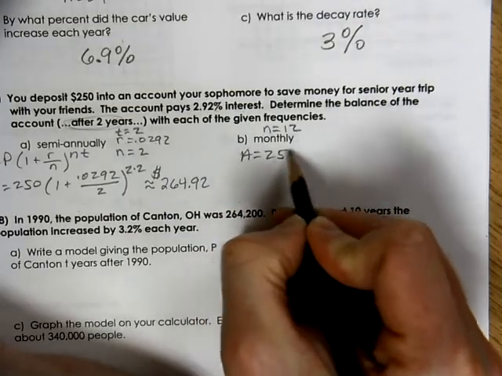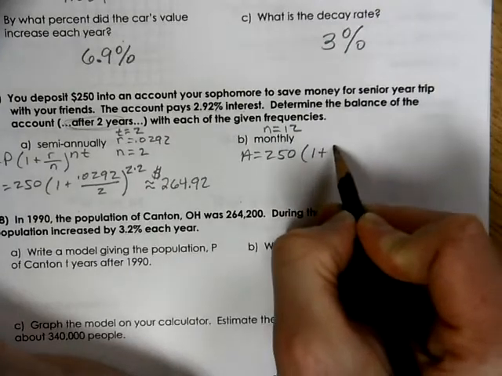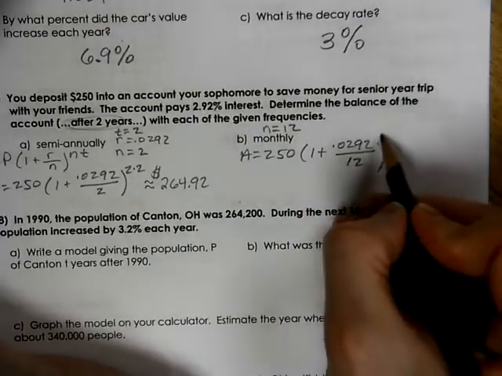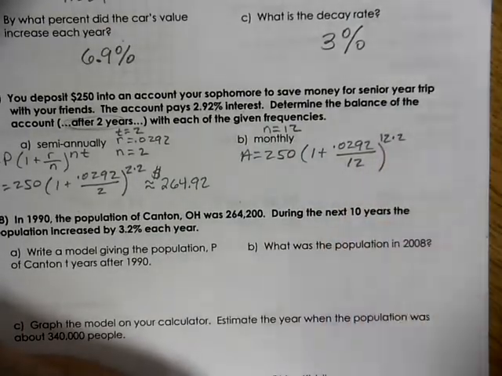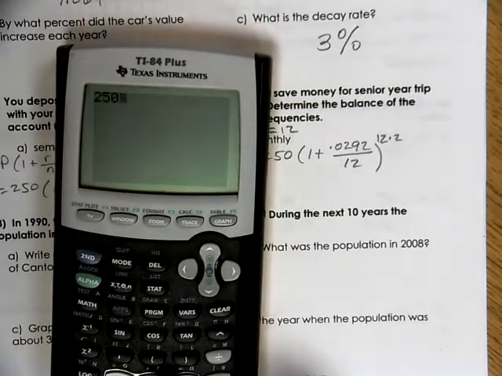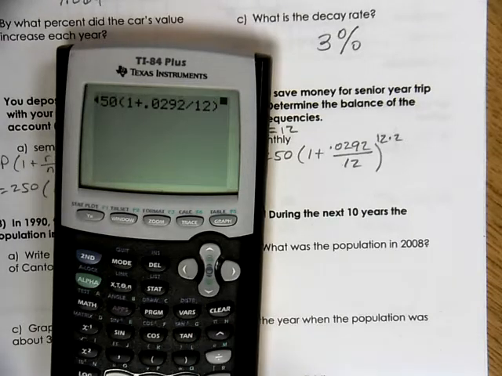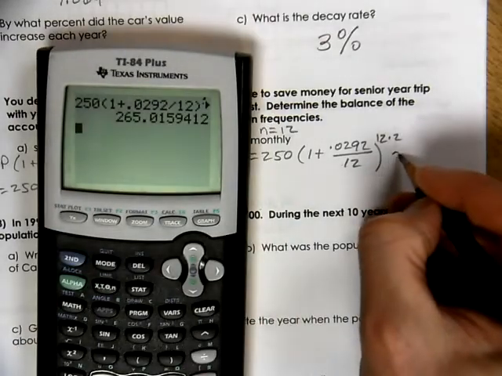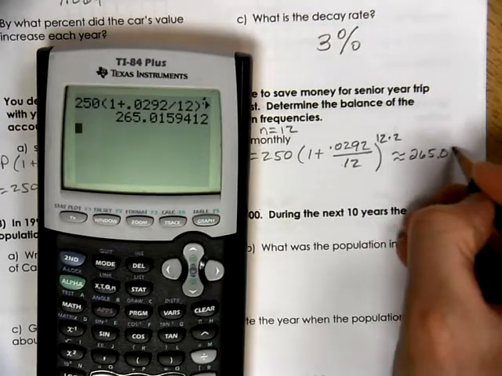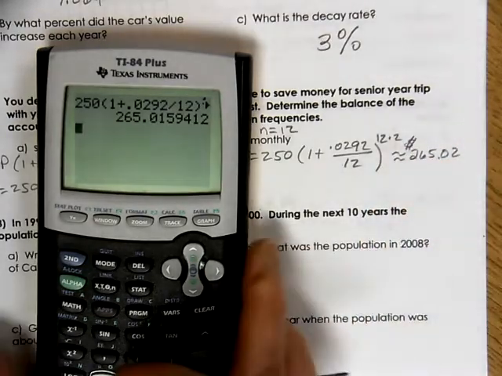So A equals 250 times 1 plus 0.0292 over 12, raised to the power of 12 times 2, 24. And that's going to make a little bit extra, 265.02.